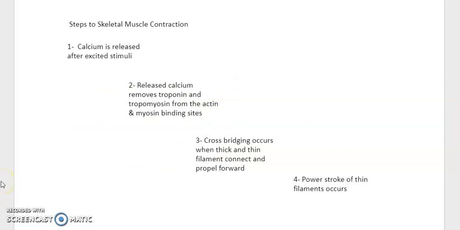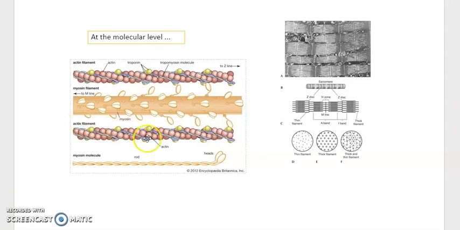In order for the thin filaments to come together to make a contractile motion, the calcium must be released after there is an excited stimulus. Once the calcium is released, then the thin filaments of actin are going to be sliding past the myosin heads.